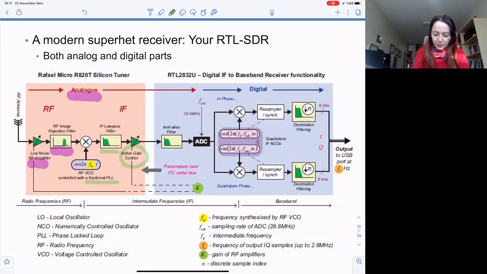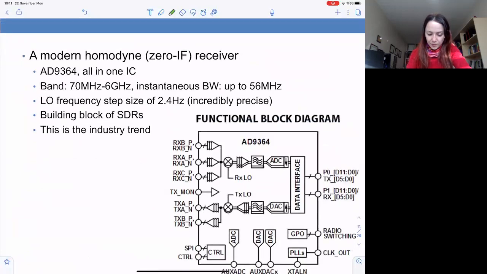After this, the signal is filtered and converted to a digital signal. It is processed in phase and quadrature components digitally, and the output is given to the USB port.